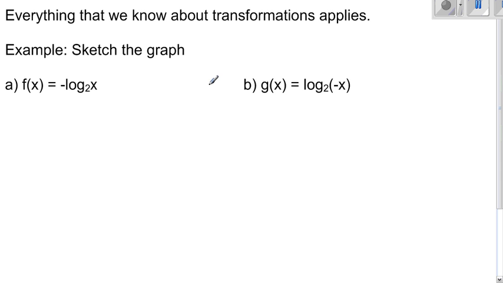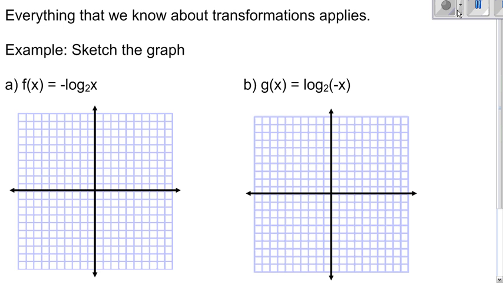So then all the transformation stuff still applies. So the basic graph of log is going to look like this. A negative out in front is going to reflect it over the x-axis.